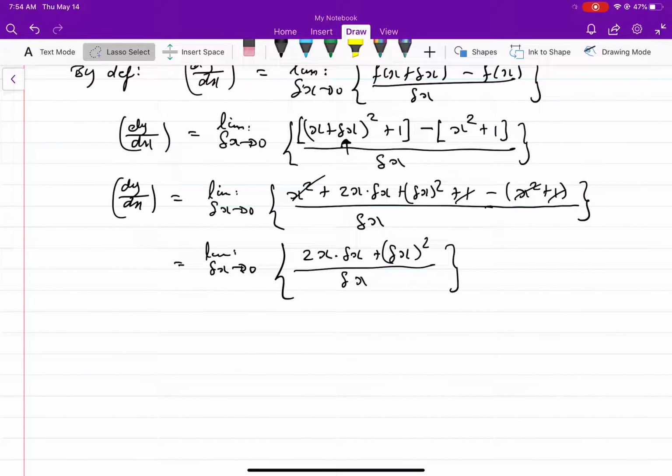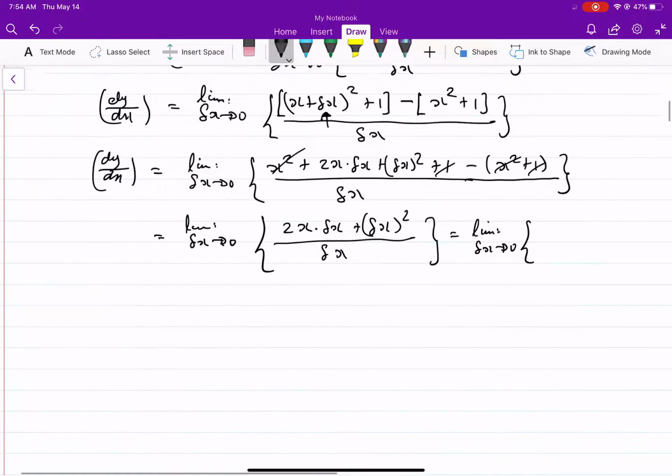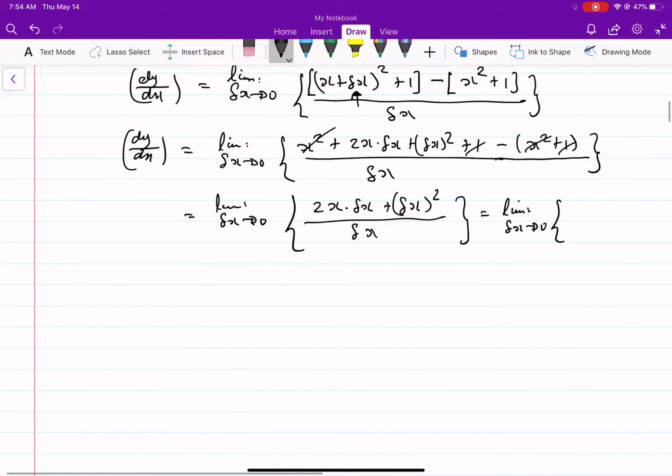Okay, this now becomes the limit as delta x approaches 0 of, in my numerator I can factor out a delta x, can't I? Yes, if I factor out a delta x, I will get delta x into, what's left in the brackets? 2x plus delta x, upon delta x. Delta x will cancel out with delta x.